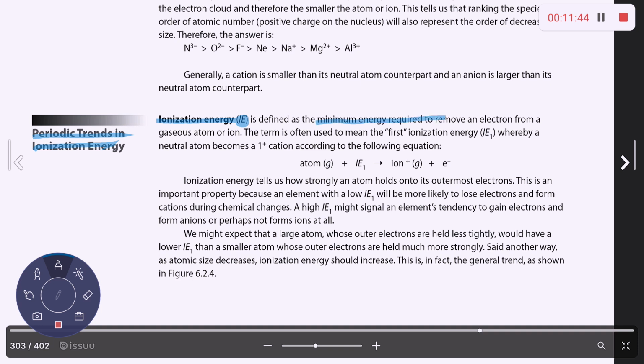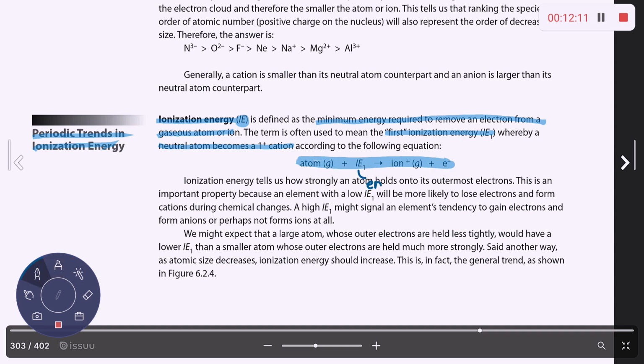It's the minimum energy that it takes to remove an electron from something in the gaseous state or an ion. And depending upon the number of electrons that we are removing, the first electron that you remove is known as the first ionization energy, and it's denoted as IE sub 1. Generally, a neutral atom will become a positive 1 cation. This is the generic equation for what it looks like.